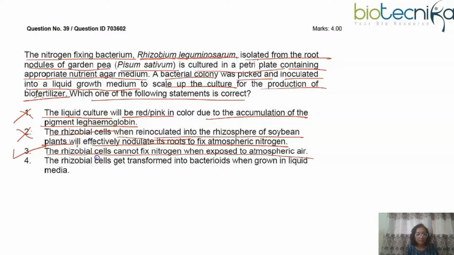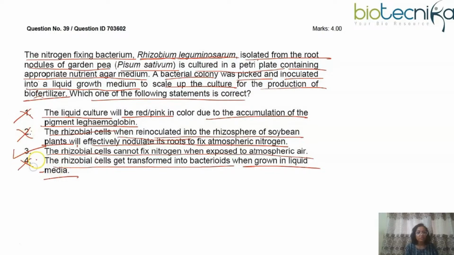Last, the rhizobial cells get transformed into bacteroids when grown in liquid medium. Again, this ability is only present when in association with the roots of the plants. When they are in a symbiotic association with roots of their host plants, that is when the bacterial cells can differentiate into bacteroids, not when they are grown in the liquid medium.